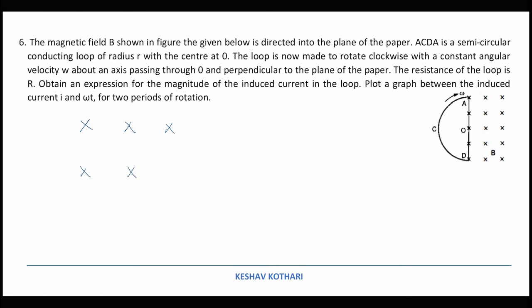So this is the region of magnetic field which we have, and I am considering that this semicircular loop is rotated like this, and on being rotated, this is the new patch that is introduced in the region of the magnetic field.